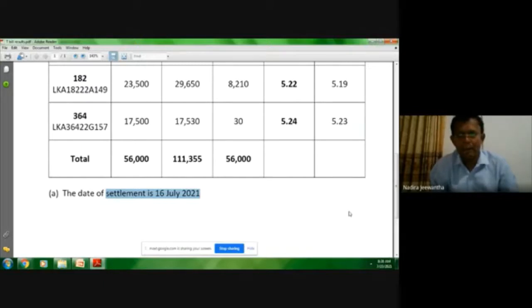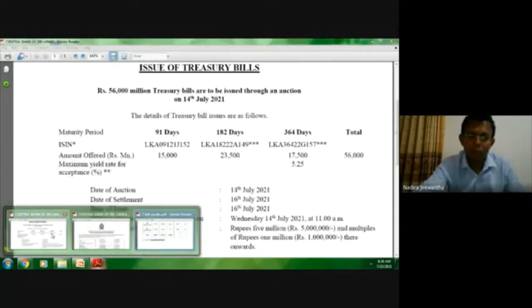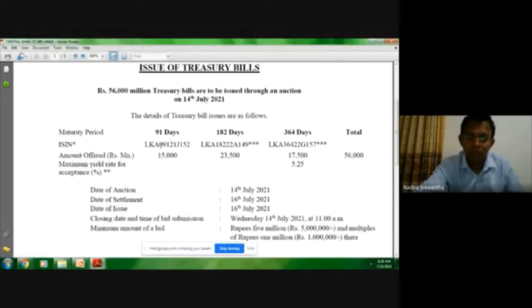Understood? So anybody can purchase this particular instrument at any time before it matures, a treasury bill. I can purchase it today if the seller is willing to sell. That can be done, right? That's why we call it original maturity: 3 months, 91 days.